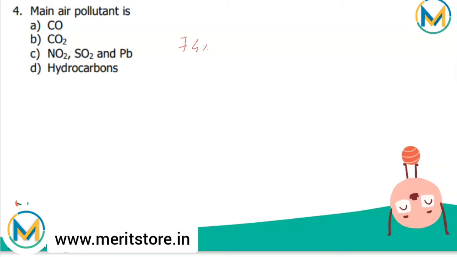Now in human beings, carbon monoxide causes headache and difficulty in breathing because hemoglobin has greater affinity to carbon monoxide than oxygen, and they form hemoglobin carbon monoxide complex, which reduces the oxygen carrying capacity of hemoglobin.